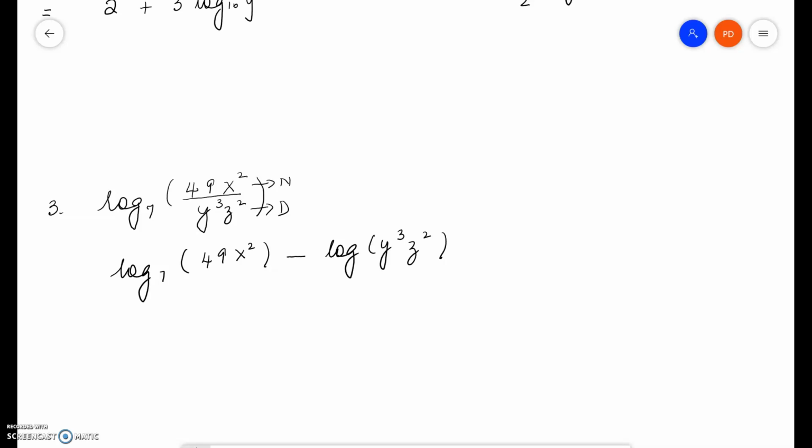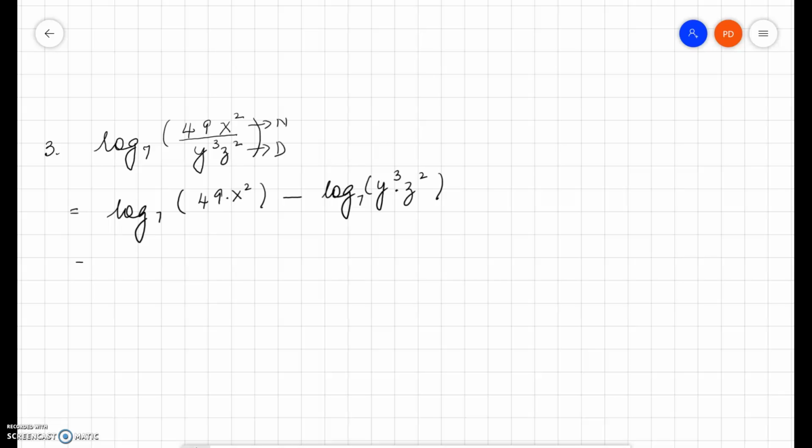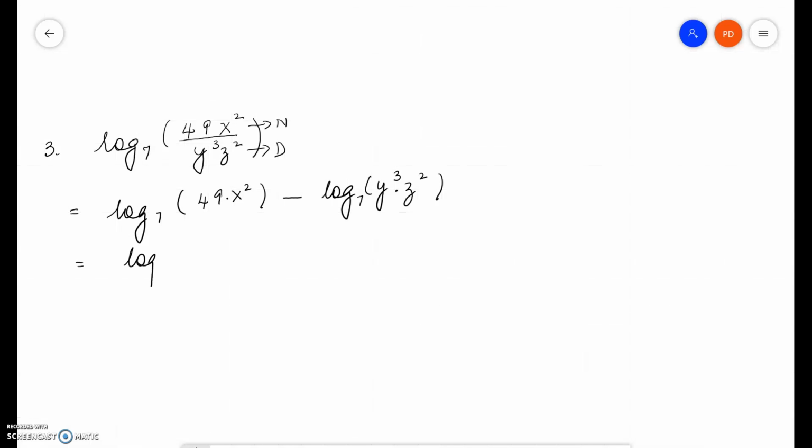So now each of these can be simplified further, because as long as we have a product inside, we know we can change the product to a sum. So our next step is, and I forgot about the base, so let's write down the base as well. So now we have log of 49 to the base 7. Remember the multiplication, if each gets a log, then multiplication changes to addition.